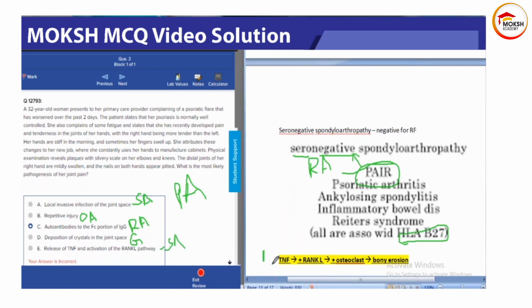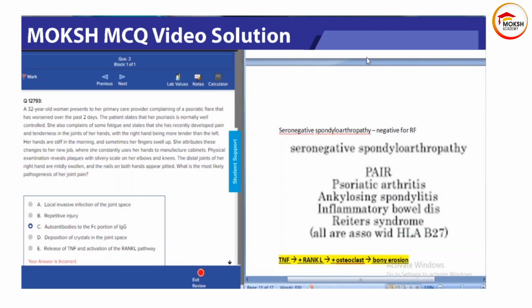You have to memorize that in seronegative spondyloarthropathy, there is an increase in TNF, tumor necrosis factor, which stimulates RANK ligand. This RANK ligand stimulates osteoclasts, which leads to bone erosion, which leads to arthritis, as seen in this patient.